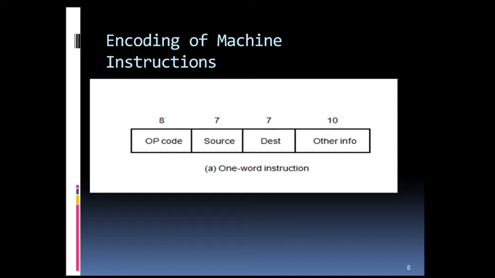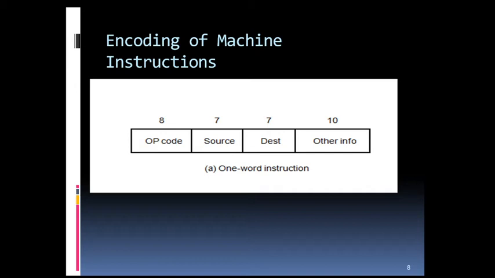So in all of these examples that we have seen, the instruction can be encoded into a 32-bit word. In the figure you can see a possible format. There is an 8-bit opcode field and two 7-bit fields for specifying the source and destination operands. The 7-bit field identifies the addressing mode and the register involved, if any.